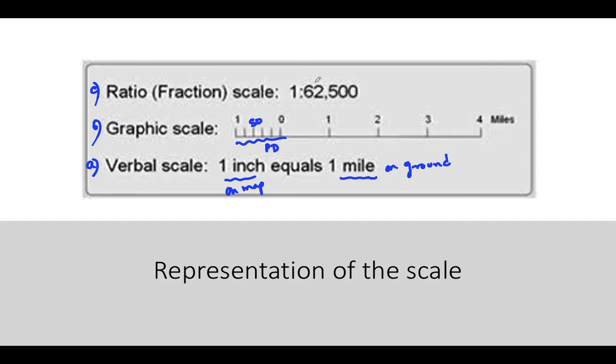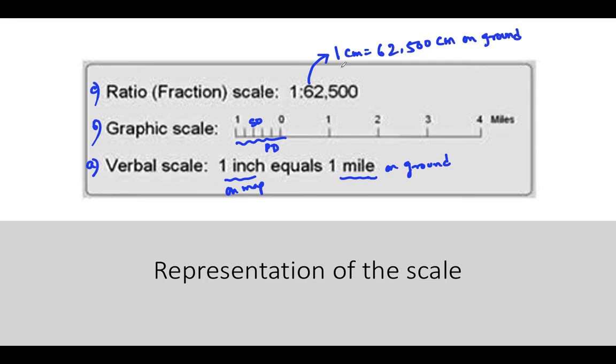For example, 1 is to 62,500. This example means that 1 centimeter on the map represents 62,500 centimeters on the ground.